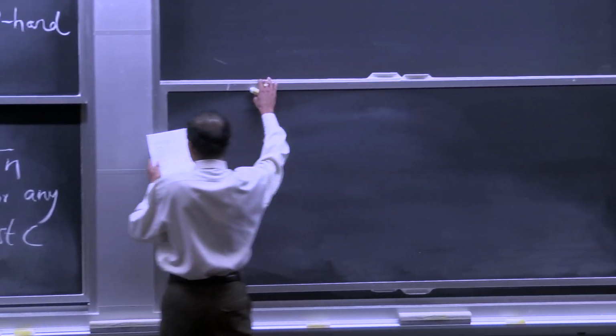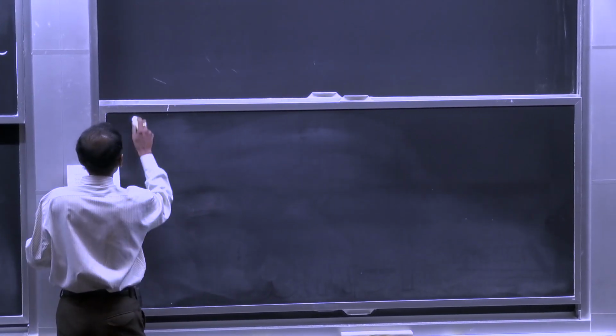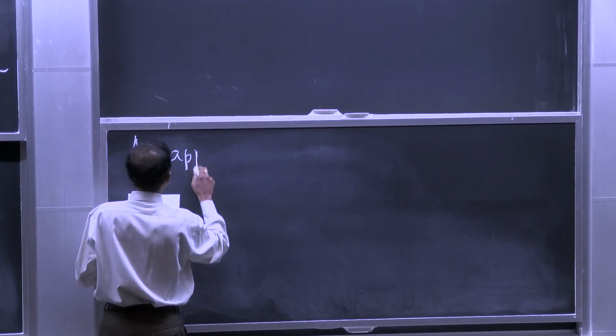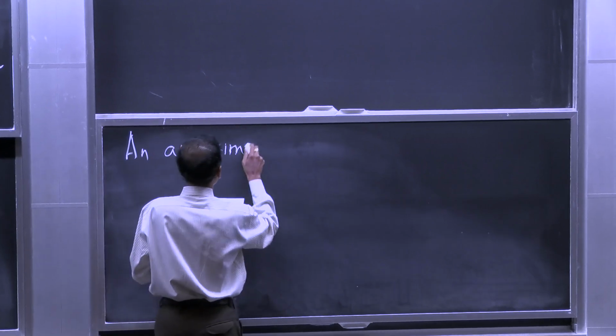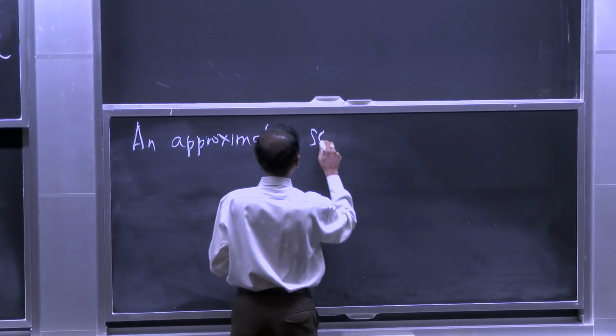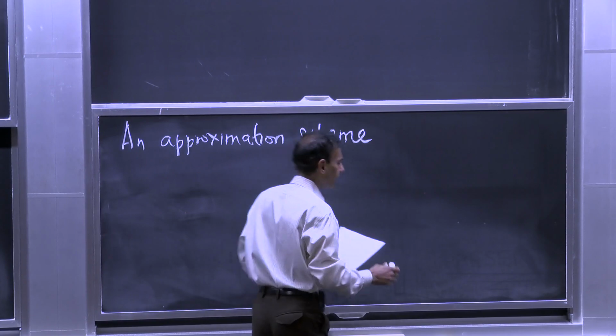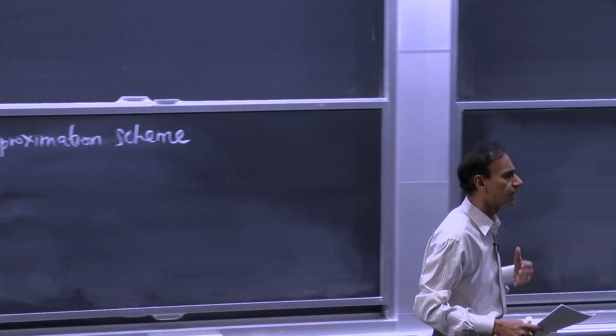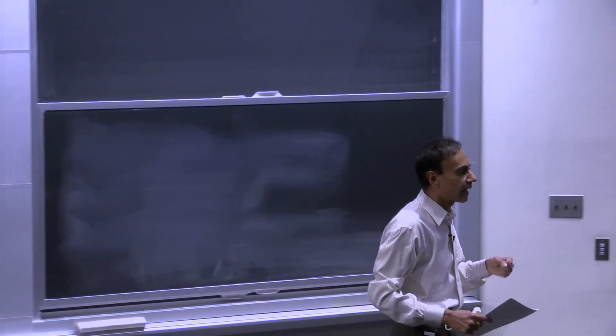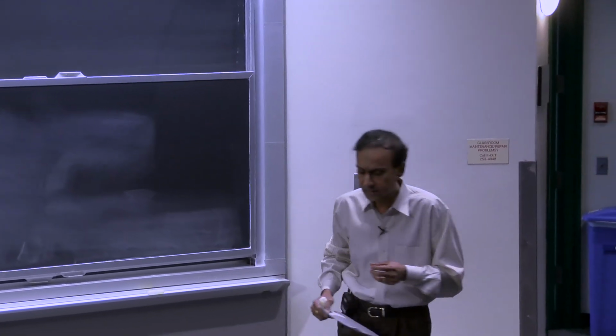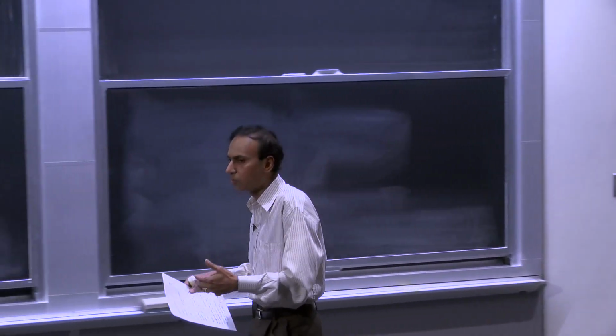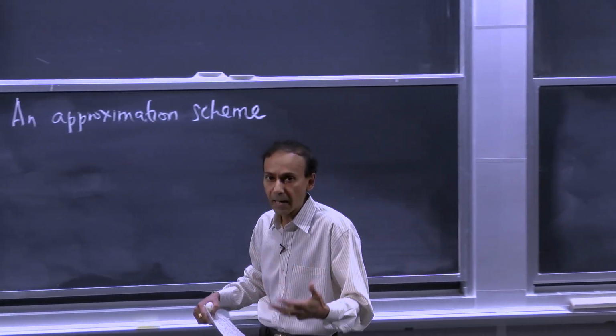If these terms are used interchangeably, we'll try and differentiate. But we do have something that we call an approximation scheme. The big difference between approximation algorithms and approximation schemes is that I'm going to have a little knob in an approximation scheme that's going to let me do more work to get something better.